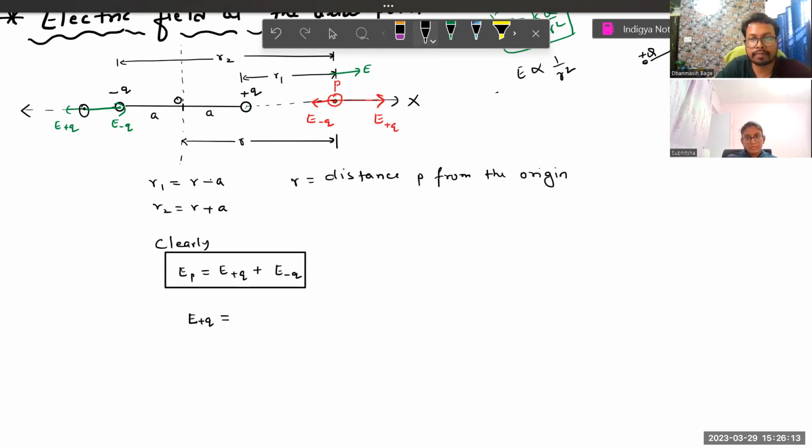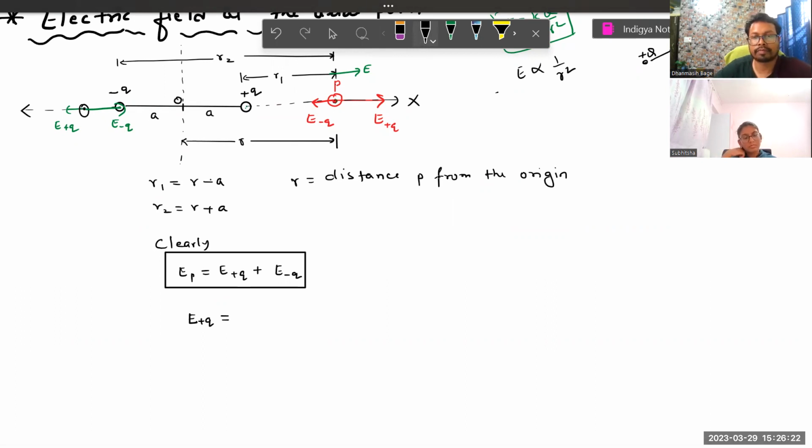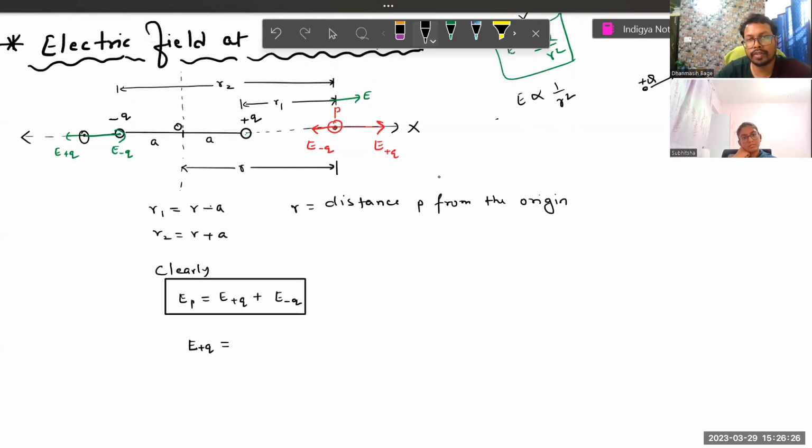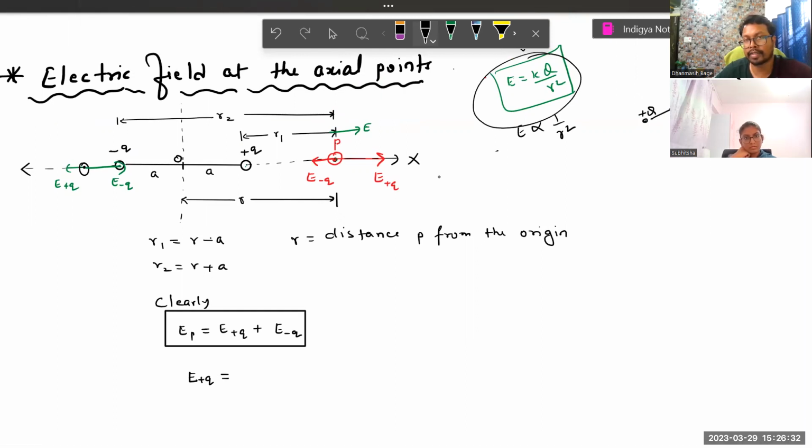You tell me. Derivation is not that difficult. You just need to follow along. Use this formula, KQ by R square, very simple. KQ by R square: source charge divided by the distance of the source charge from the point.